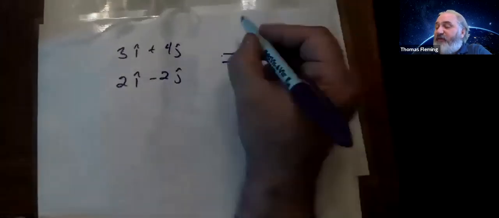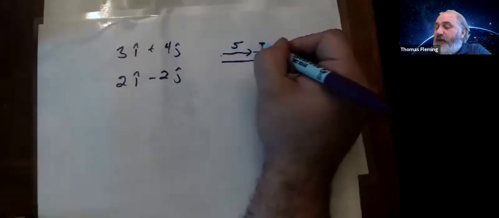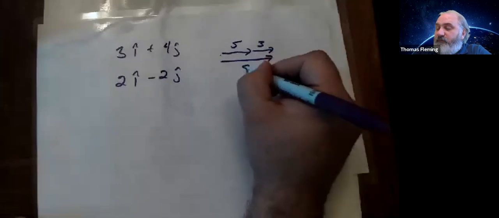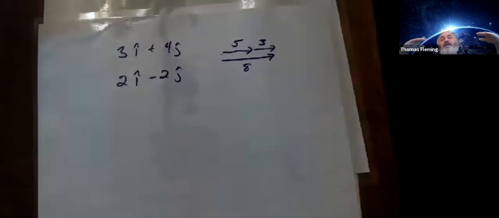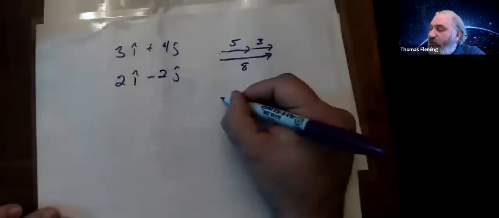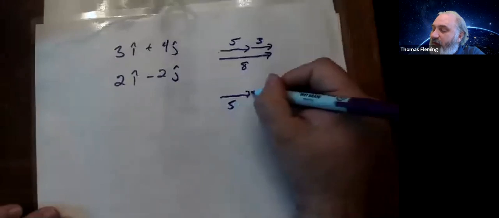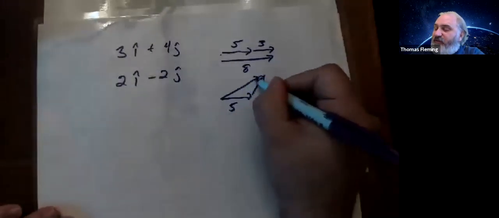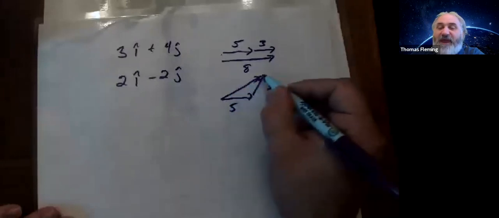If this distance was 5, and this distance was 3, then it's pretty obvious, just looking at the picture, that this distance here is 8. So for vectors that are along the same line, adding them is just like regular math. If you have 5 and 3, but they're not along the same line, then they add to this, and this will not be equal to 8.